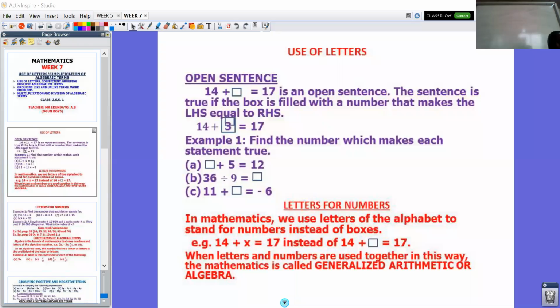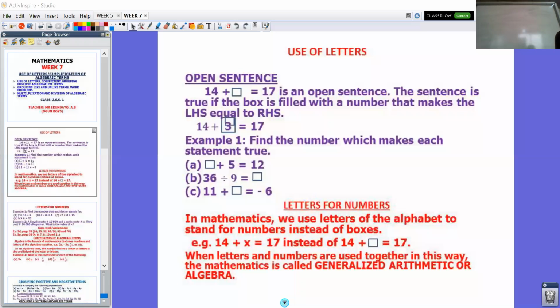So when letters and numbers are used together in this way, the mathematics is called generalized arithmetic, or algebra. Algebra simply means when you use numbers and letters together in an expression. That's the definition of algebra. But we can have an algebraic equation. If it has an equality sign, then it becomes an equation.